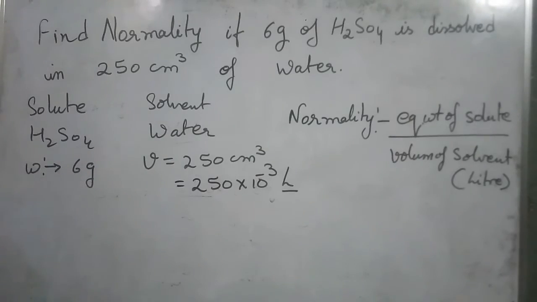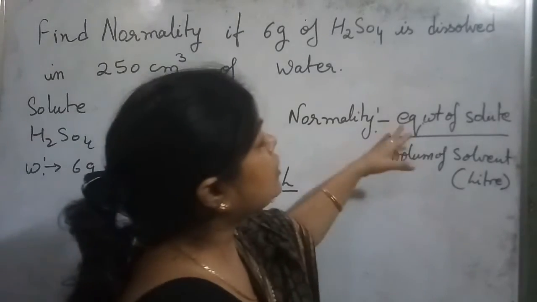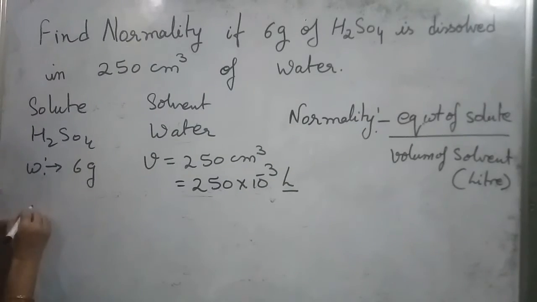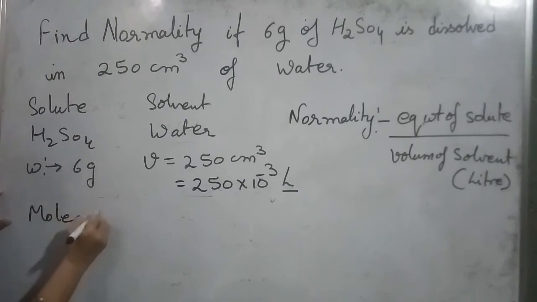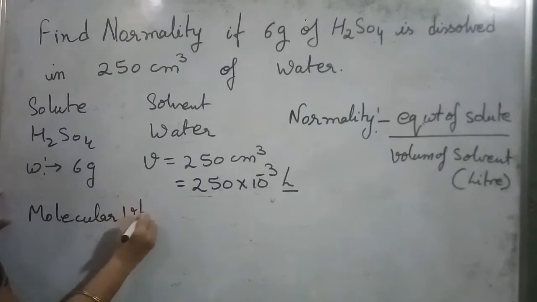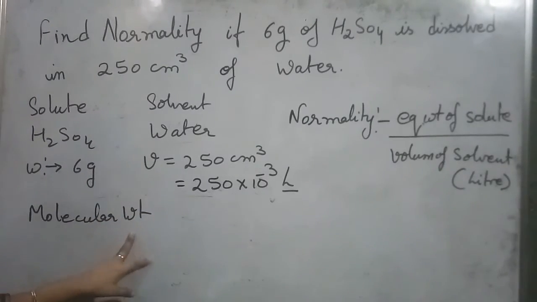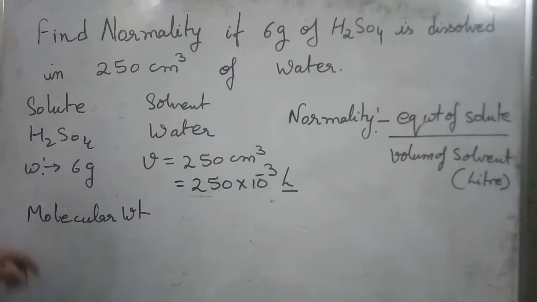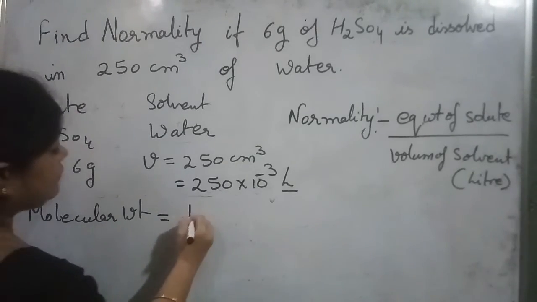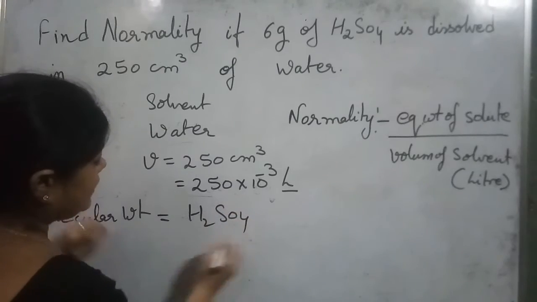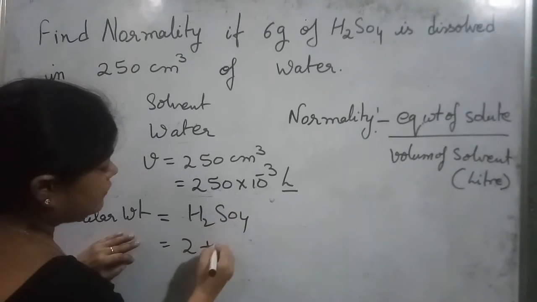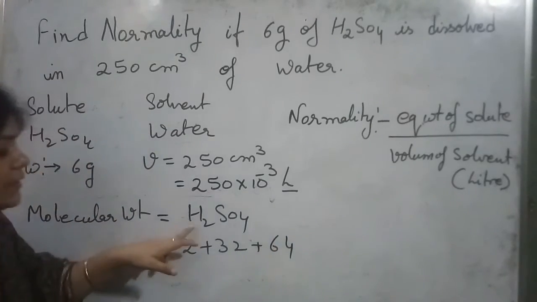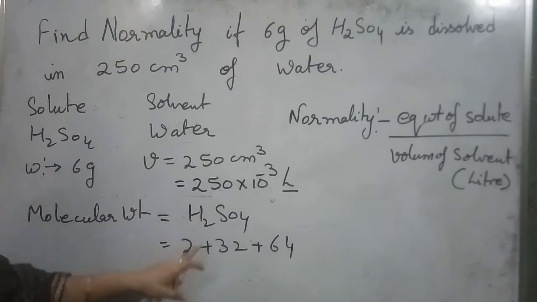Clear? Now next, we have to find the equivalent weight of the solute. In order to find the equivalent weight of the solute, we first find the molecular weight. In case of molarity we also find the molecular weight, and in case of normality we also have to find the molecular weight. Now the molecular weight of sulfuric acid: atomic mass of hydrogen is 1, 1 twos are 2.